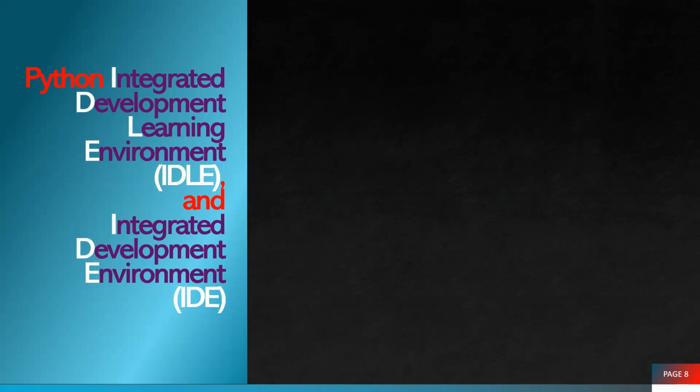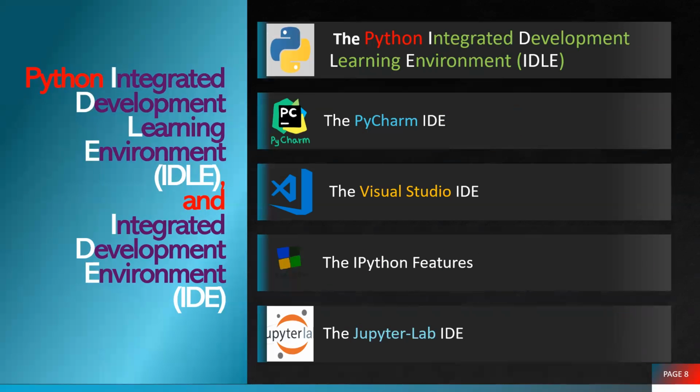And then the Python integrated development and learning environment. IDLE is inside the Python interpreter, and then outside you can have the IDE, the integrated development environment, that has IntelliSense, syntax highlighting, debugging tools, and a lot of run and test programs, so that you can have the entire source code built in one environment.